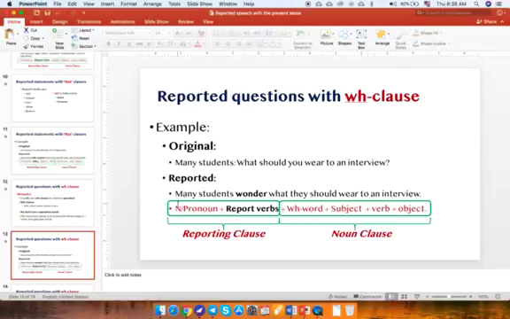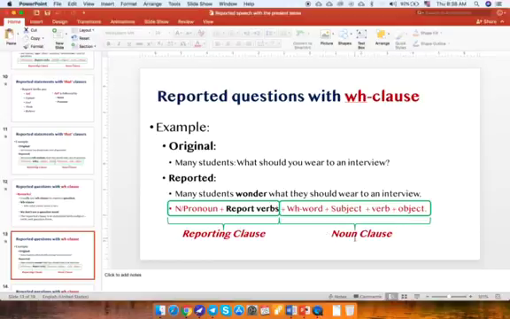So the form is the person who made the question, and then plus a reporting verb. Here we use wonder. So this whole thing we consider as the reporting clause. And then we use the WH words, like we have mentioned: who, what, where, when, and how. And then plus subject, plus verb, and plus object.